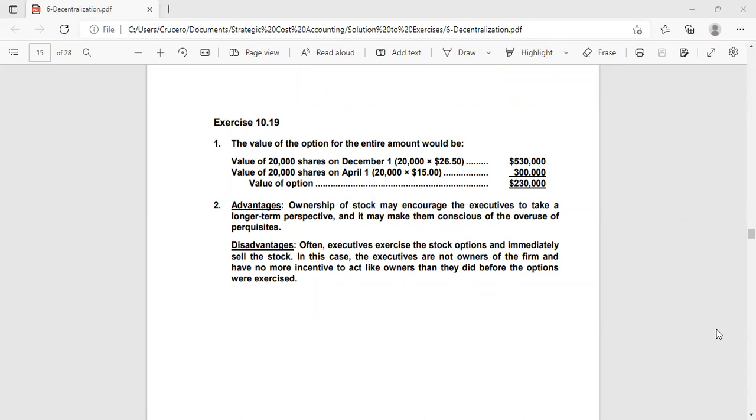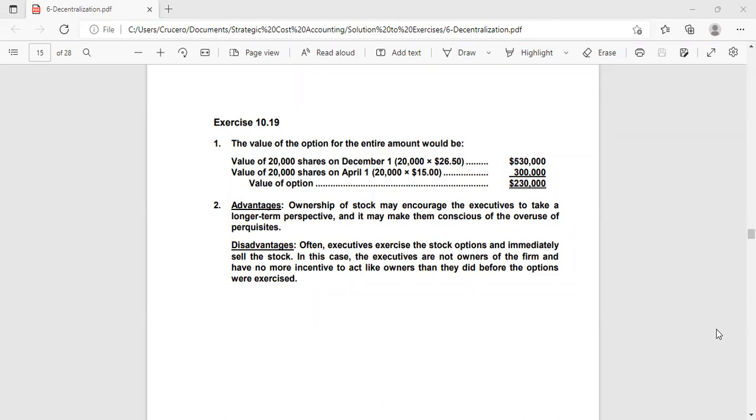And on December 1, in requirement number 1, the stock rises to $26.50 per share. So we first compute the value of the option. The 20,000 shares on December 1 have a stock price of $26.50, and on April 1 it was only $15.